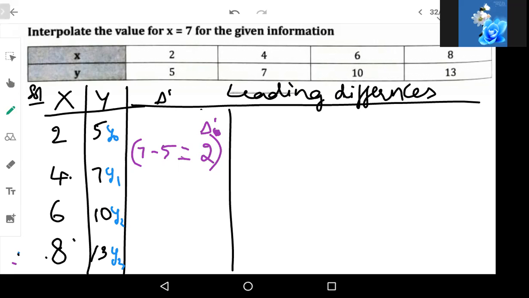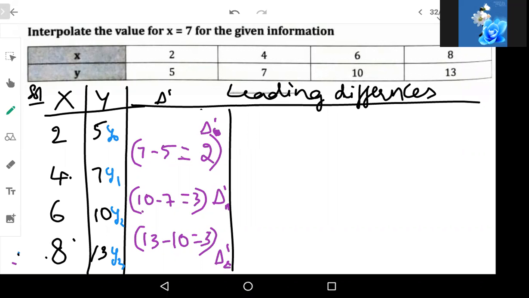Now in between the next two, 10 minus 7 is equal to 3. This is the next difference in the first one. Next, 13 minus 10 is equal to 3. So this is the final difference that is available here.